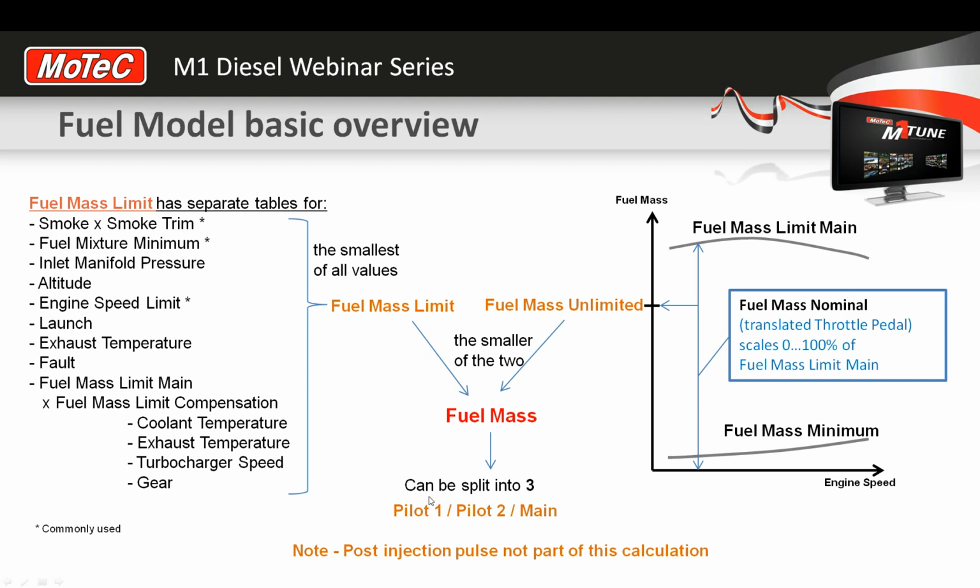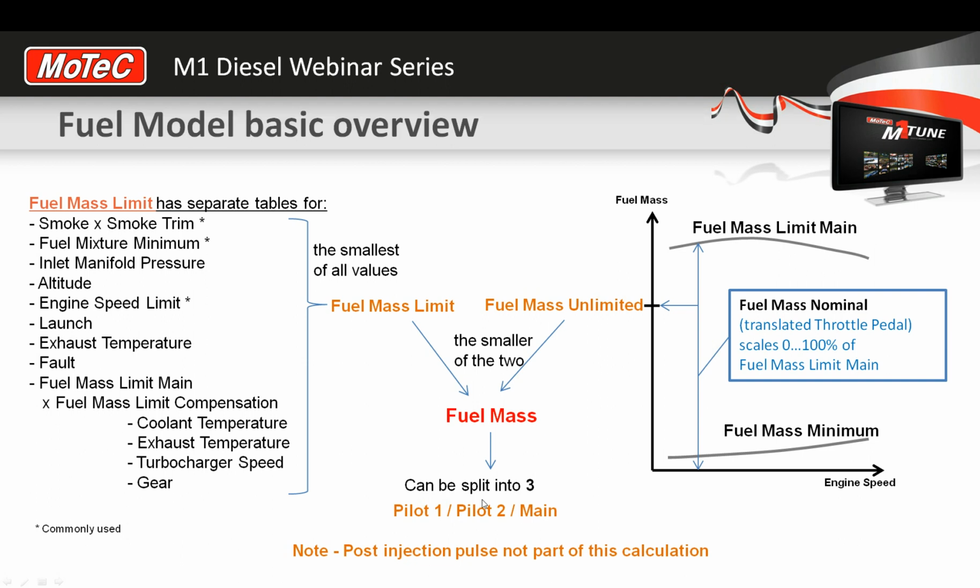And ideally, we'll know that that's right because if you were to turn the pilot in and out, the engine power shouldn't change. Alright, so that's our ideal aim that we're trying to achieve, is to be able to take that fuel mass and deliver it out via any combination of these 3 pulses that we want.